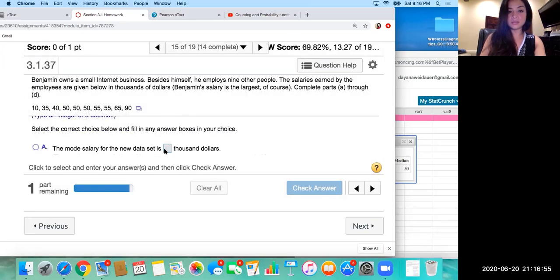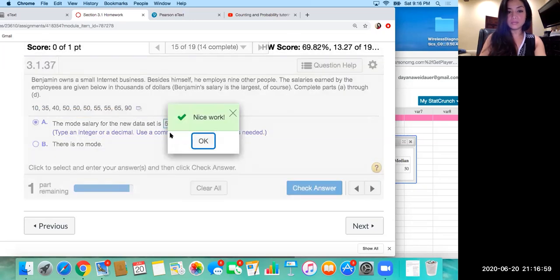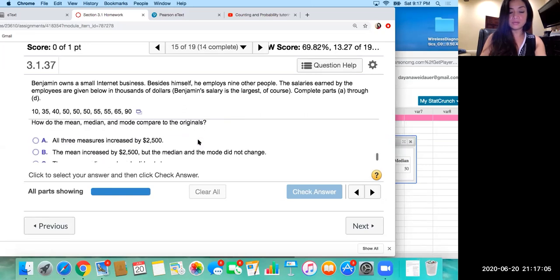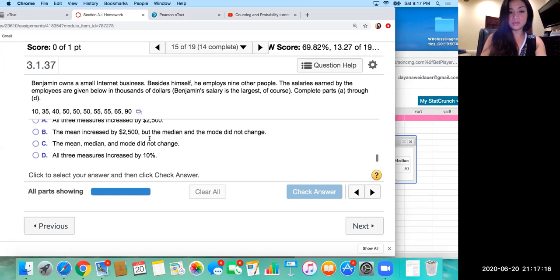And the mode is still 50. Do the mean, median, and the mode compare to the original? The mean increased by 2.5 for the median and the mode. It's going to be B.